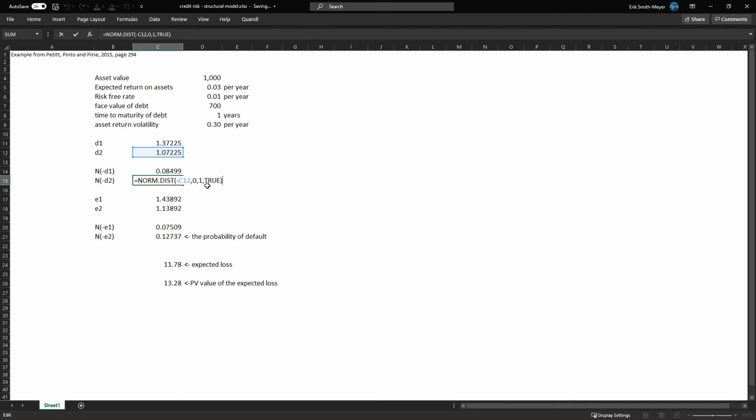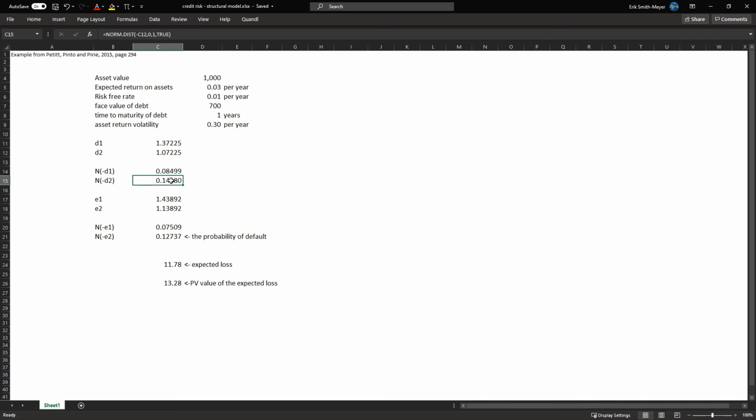This will give us the cumulative normal distribution, and this gives us the probability of getting a number less than negative 1.07 from the standard normal distribution, and this is 14.18%.